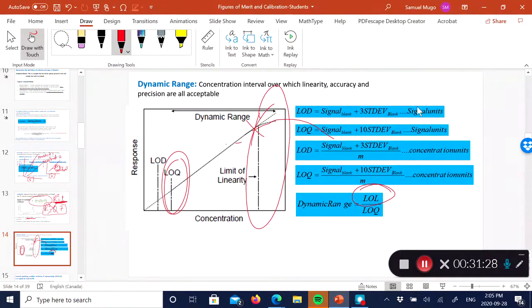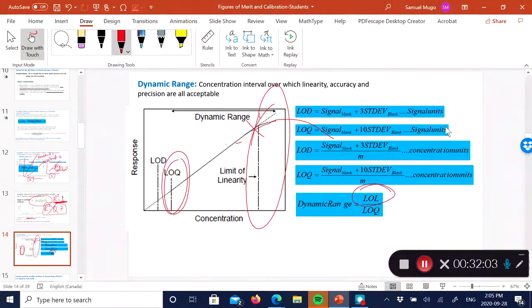The unit for limit of detection using this formula is sigma units, because you can see the sigma of the blank plus 3 times the standard deviation of the blank, and this is the absolute standard deviation of the blank, which we already know has the same unit as those of the sigma. And so the units here are sigma units. In most cases, you are interested in concentration units, say parts per billion, parts per million, and so on.